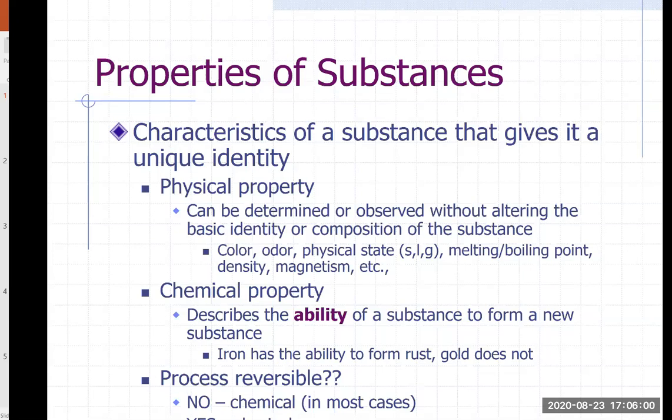But if the process is reversible, then that means it's a physical change. So for example, if you had water, liquid water at room temperature, and you put it into the freezer, 0 degrees C, that liquid water is going to become a solid. If we take it out of the freezer and we sit it back on the counter at room temperature, it's going to melt back to a liquid.